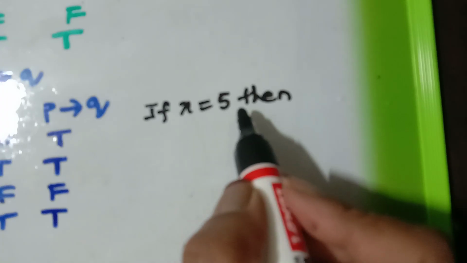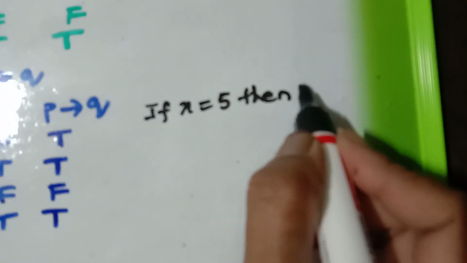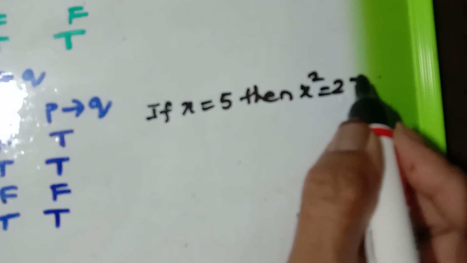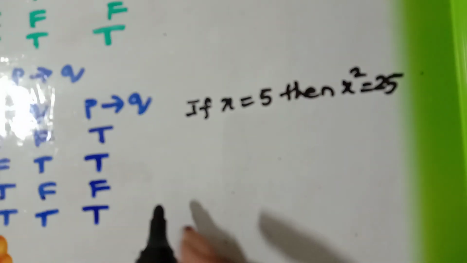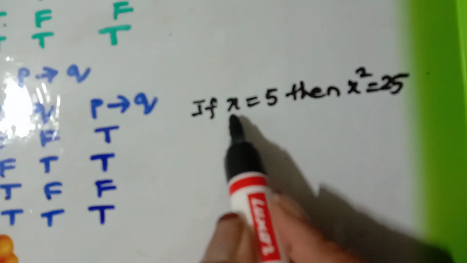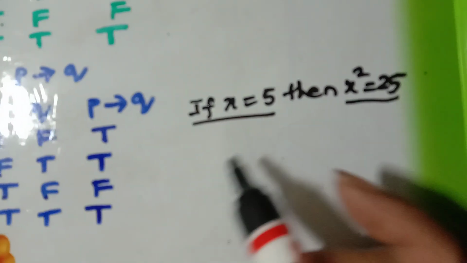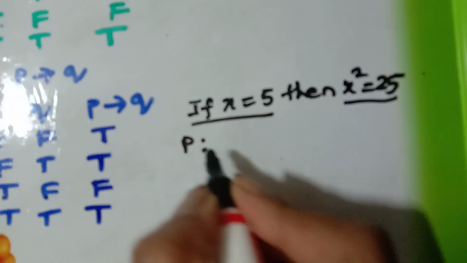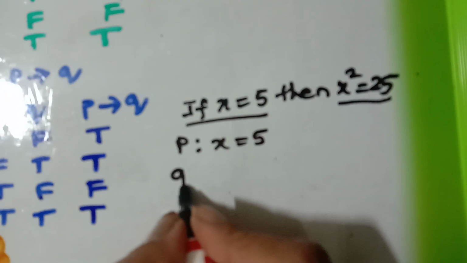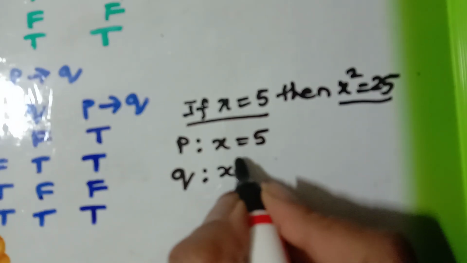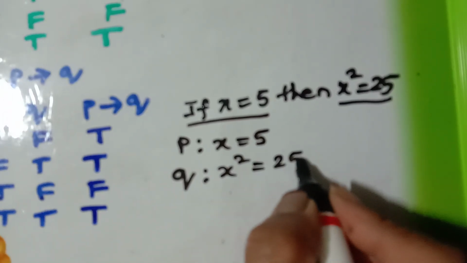So we are going to break up this if-then part. P is x is equal to 5 and Q is x square is equal to 25.